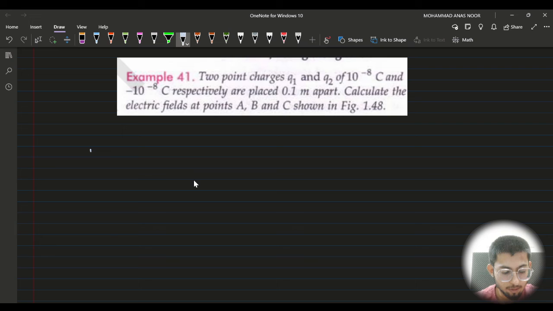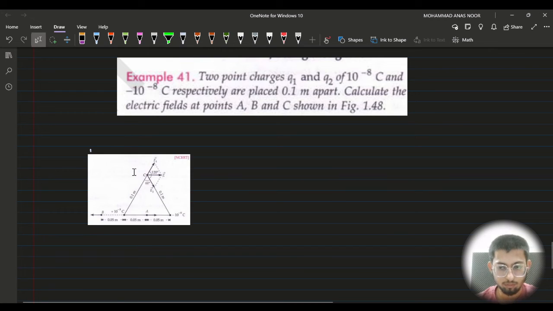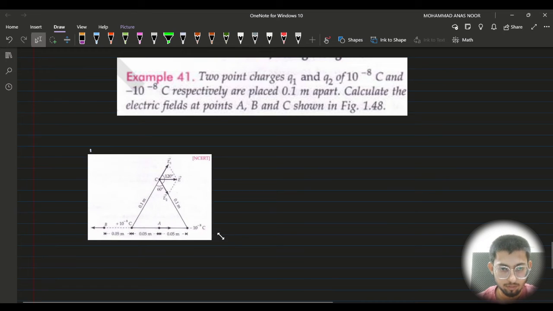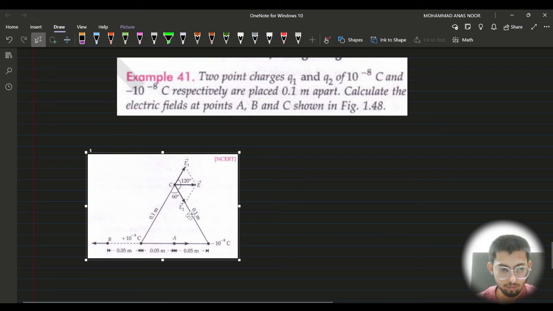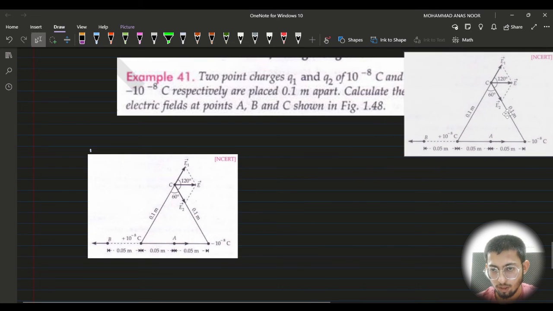Let me also copy the diagram then, because it is asking. This is the diagram, right? Here it goes.